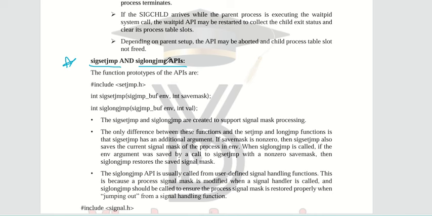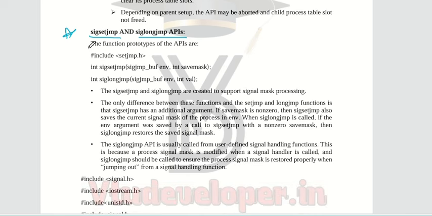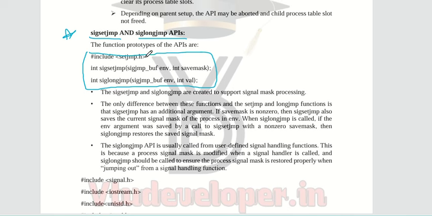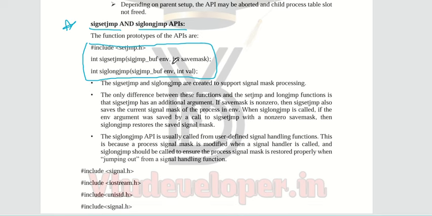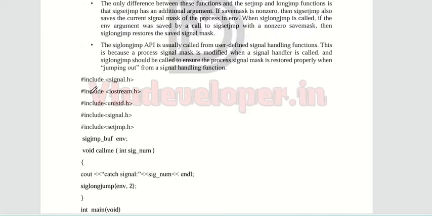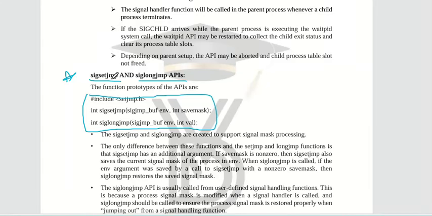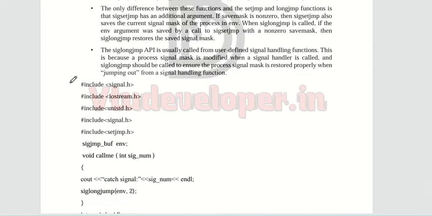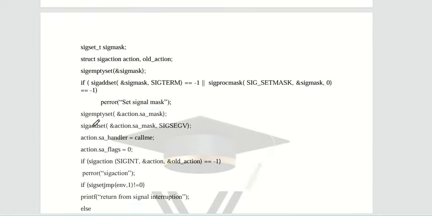The prototype for this sigsetjmp and siglongjmp: include the setjmp header. int sigsetjmp with sigjmp_buf env and int save mask, and siglongjmp with sigjmp_buf env and int value. And related to that, an example program is given over here.